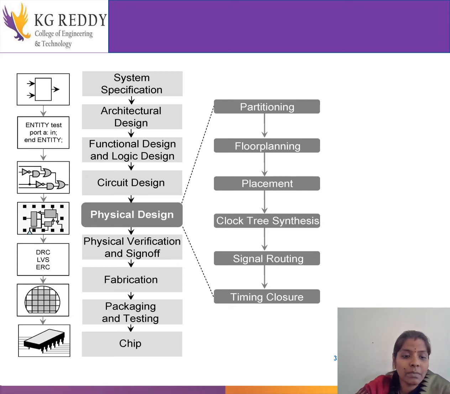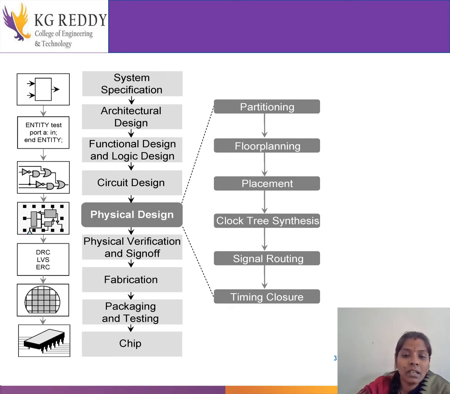Then coming to the placement. Placement is the problem of automatically assigning correct positions to pre-designed cells on the chip with no overlapping, such that the sum of objective functions is optimized.